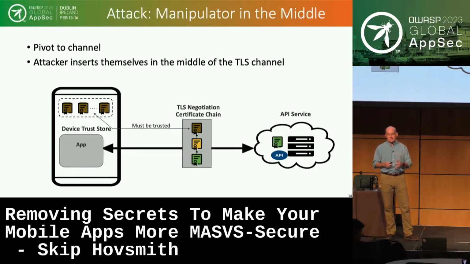It will check the certificates that the service is presenting, and it'll start with a leaf certificate, move to an intermediate, and all the way up to a root until it finds a certificate match. Similar to browsers, in the Android device, there's a trust store that holds a series of root certificates. So it will walk up that chain until it finds one that matches.